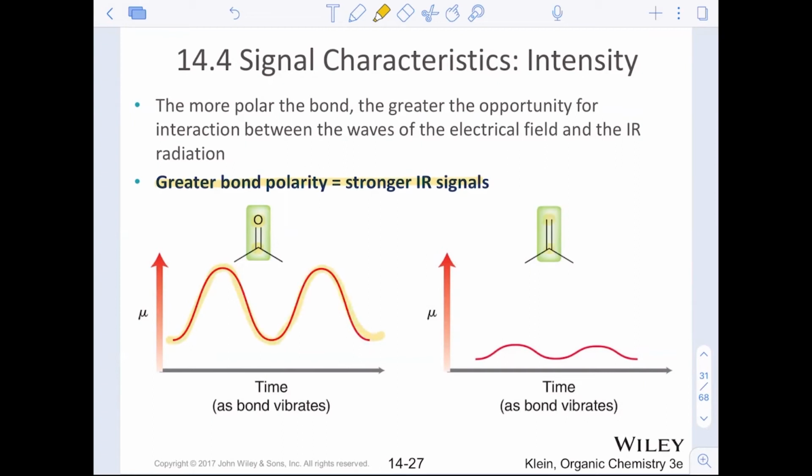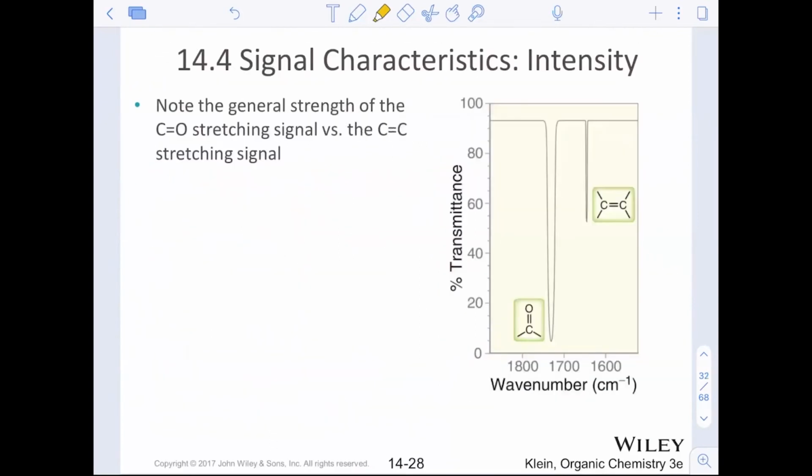A carbon-carbon bond is not polar, and so it does not have a large dipole moment. We would have called that a non-polar bond, looking at that carbon-carbon double bond. Carbon-oxygen double bond, polar, greater or stronger, more intense signals on the IR. We can see that in the general length between the carbonyl and the alkene, right? Carbon-oxygen double bond, also called a carbonyl, carbon-carbon double bond, also called an alkene.